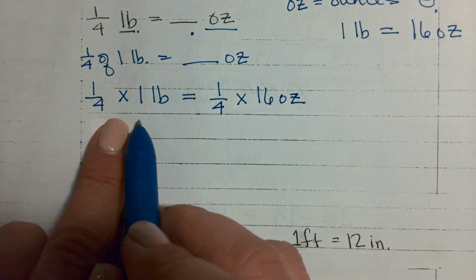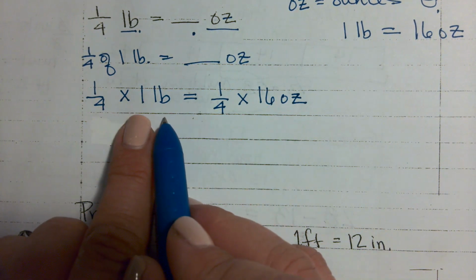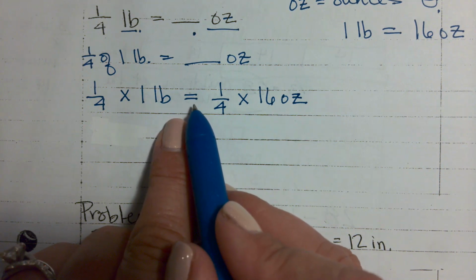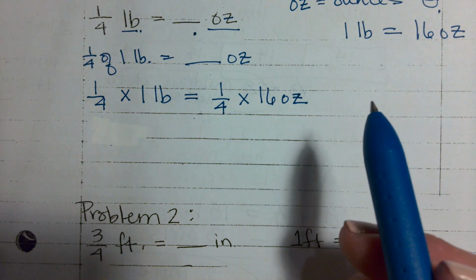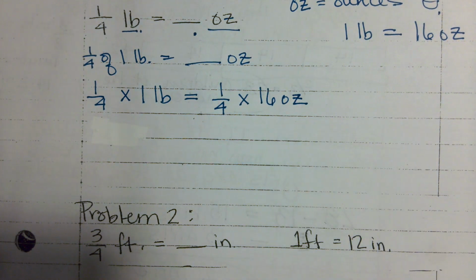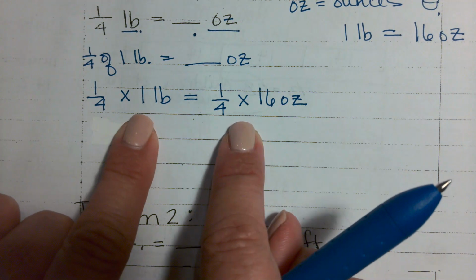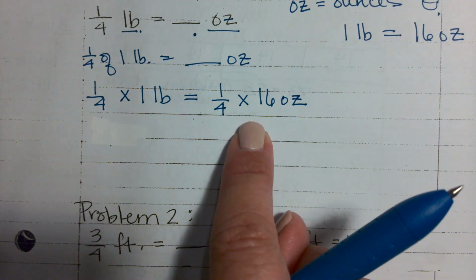So we started here and now we're moving across. So 1/4 times 1 pound is the same as, which is what the equal sign means, 1/4 times 16 ounces. How do you know this is true? 1/4 times 1 pound is the same as 1/4 times 16 ounces.